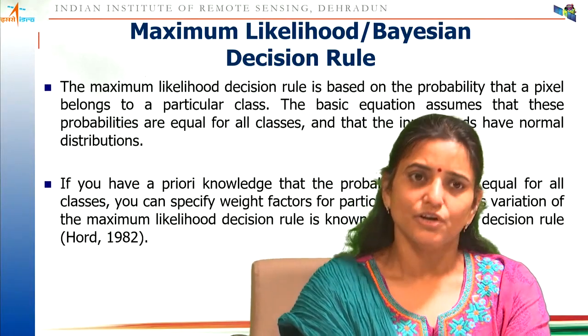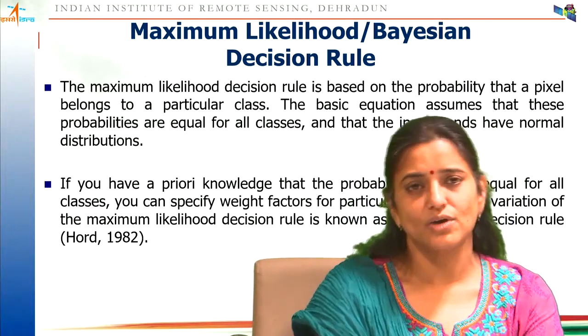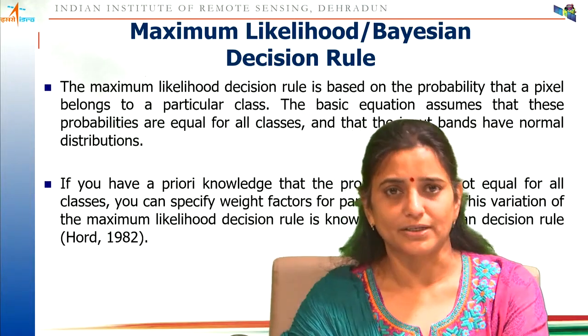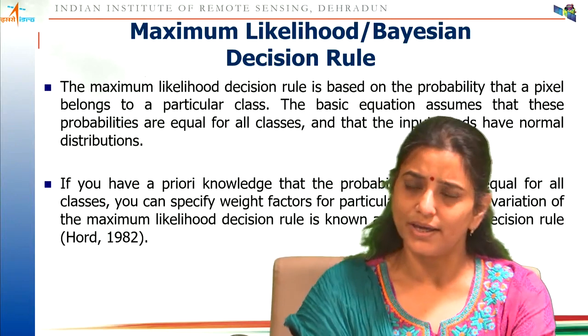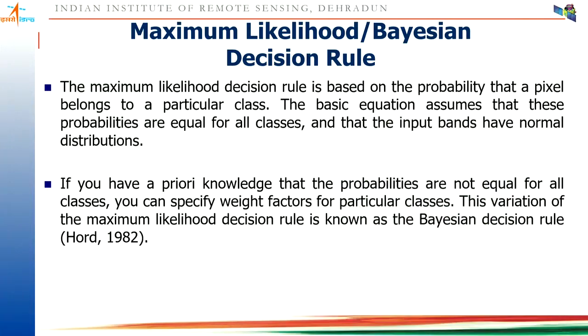For a pixel to be put in class 1, class 2, class 3, it has equal probability. Suppose we know by a priori knowledge that the probability of a pixel to be assigned in a particular class is not the same. There we have change in probability, so we can assign weightage to particular classes, and then it becomes Bayes decision rule.